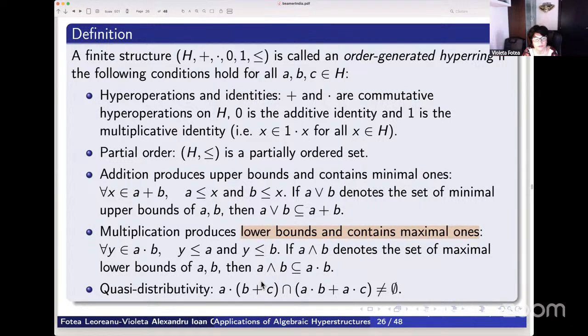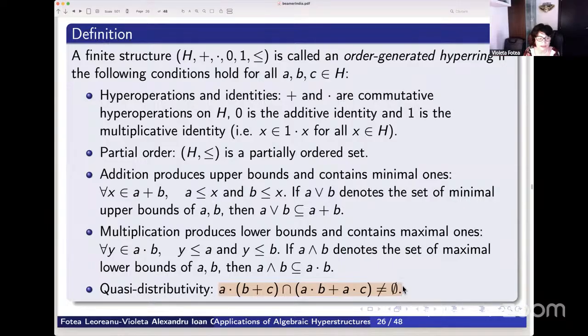And I impose here as a connection the quasi-distributivity, which is a weak condition, as Thomas considered. Why is it useful? We must have a connection between addition and multiplication.